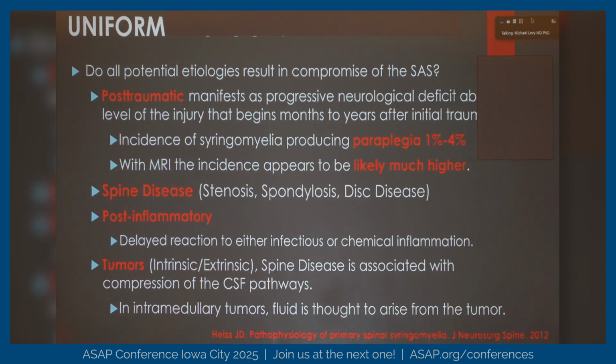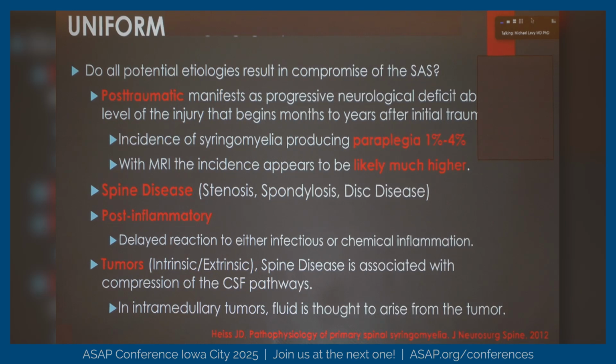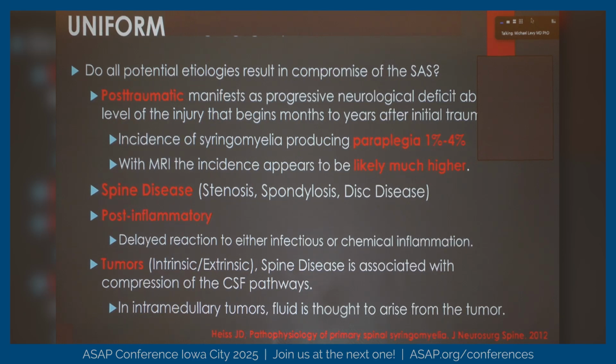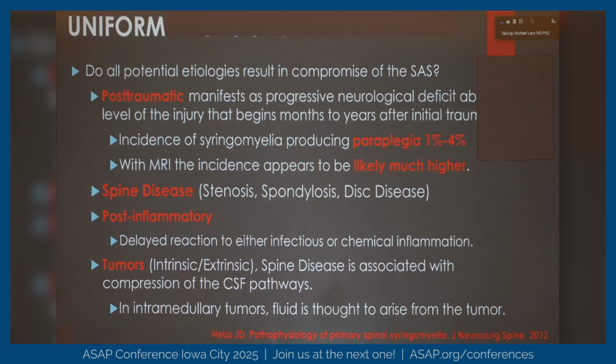Tumors, whether intrinsic or extrinsic, also relate to a number of issues that can be associated with syrinx. The tumor itself and the mass effect, the involvement for intrinsic tumors in the CSF, associated scarring with or without surgery, bleeding, tumor cyst cavity formation, all of these can be associated with syrinx formation.